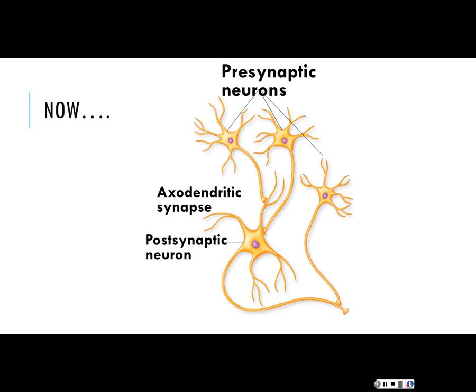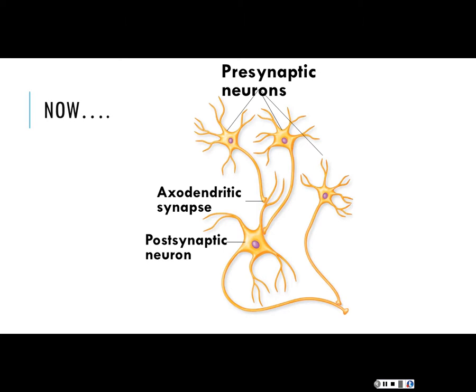It's a synapse between a presynaptic cell and a postsynaptic cell's dendrites. Is that the only axodendritic synapse we have shown in this image? No. Where else is there another one? Oh, yeah, it is. Sorry. It is the only axodendritic synapse.